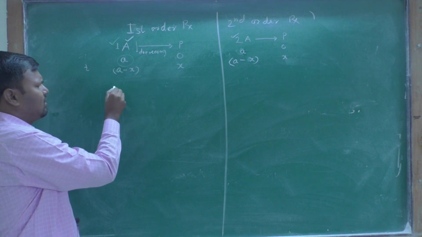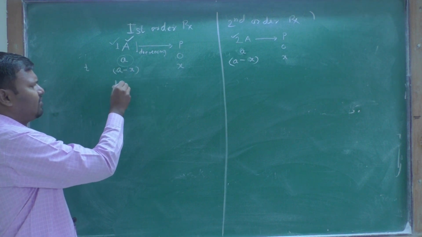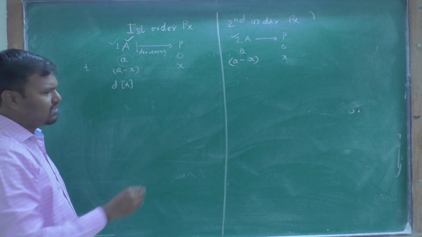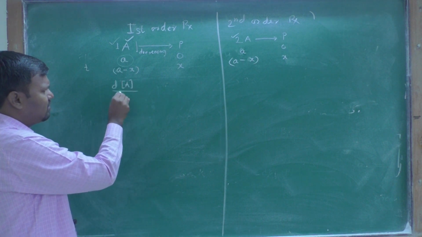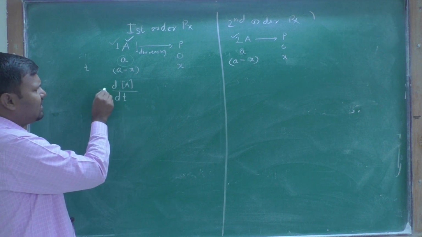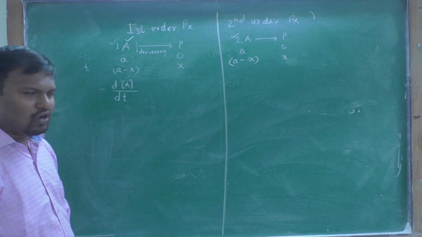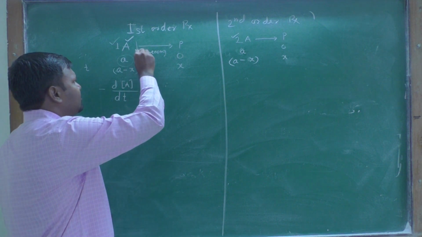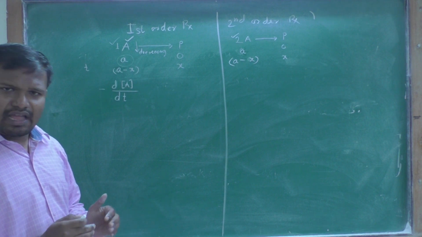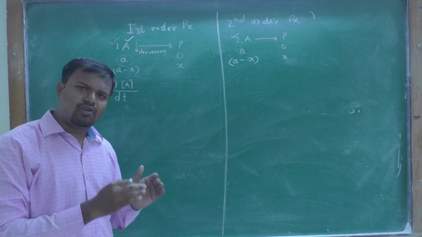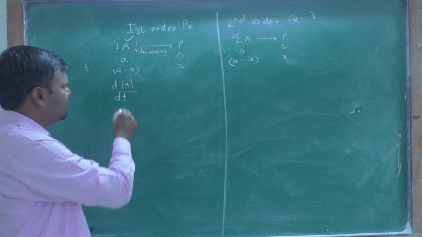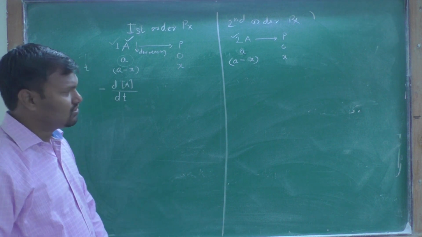Therefore, the change in concentration of reactant with change in time, and a minus sign is given because the concentration of reactant decreases. As time goes, the concentration decreases. That's why the negative sign is used in this case.